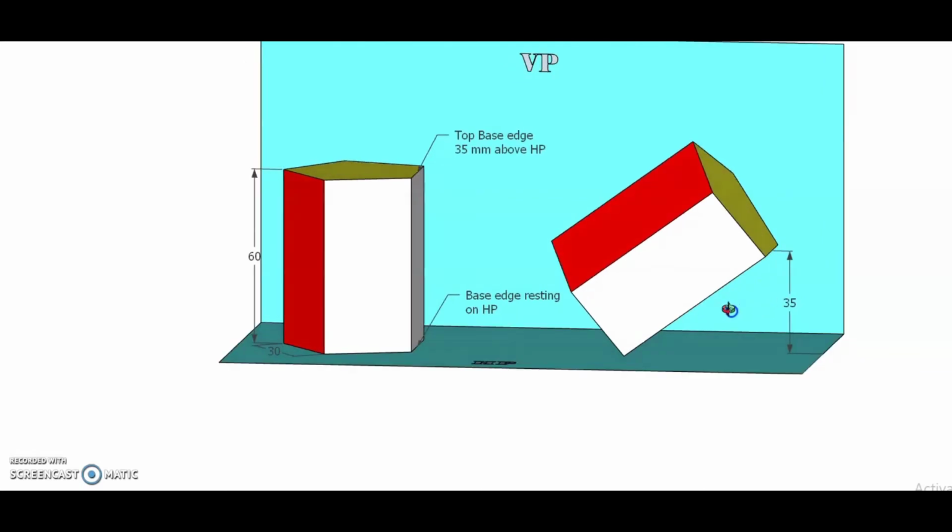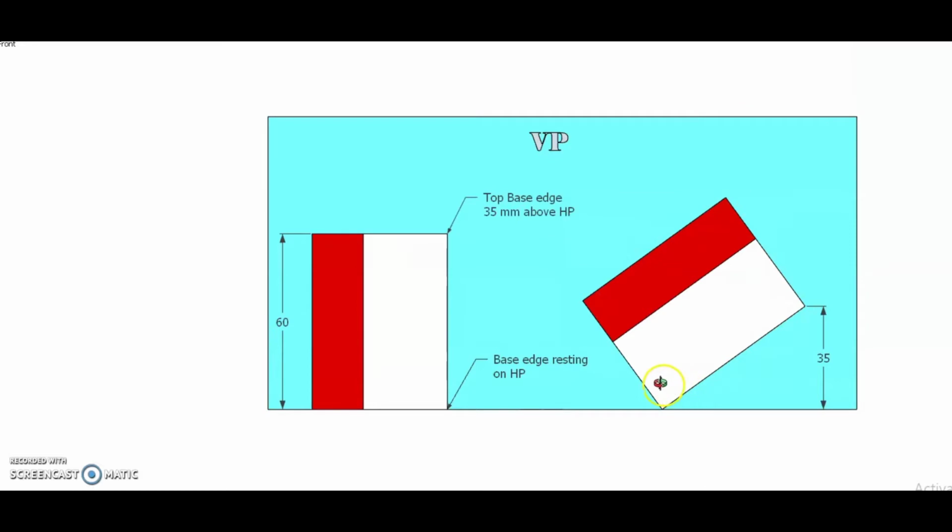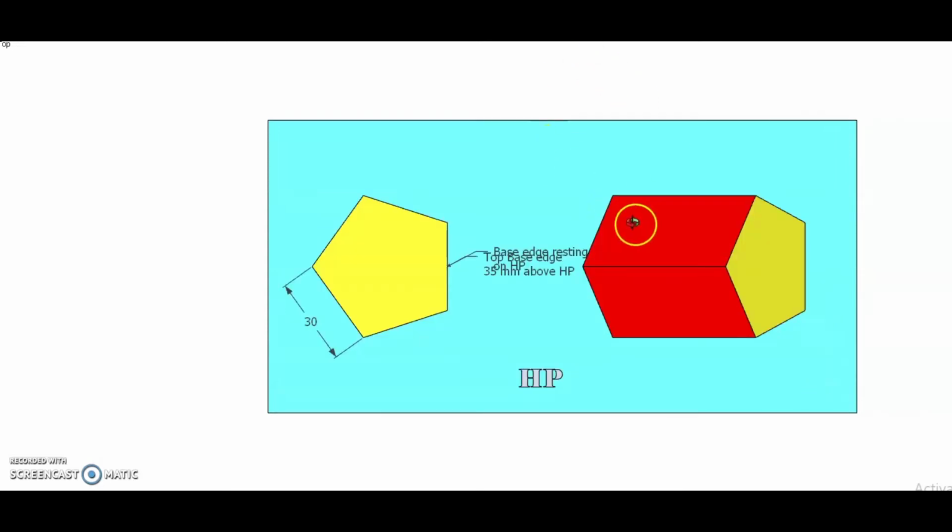So this is the final condition. Now in this final condition, the front view appears like this one. Means simply we have to redraw the same front view here to satisfy the problem condition. And its top view will appear like this one.